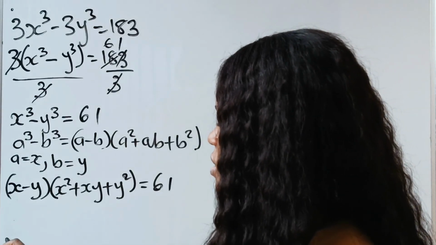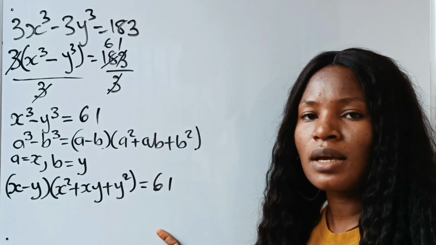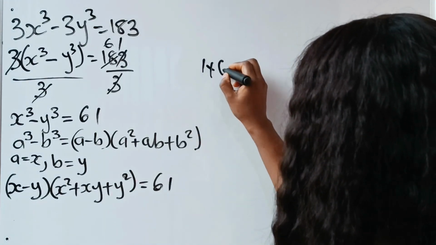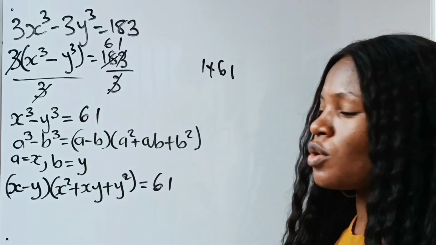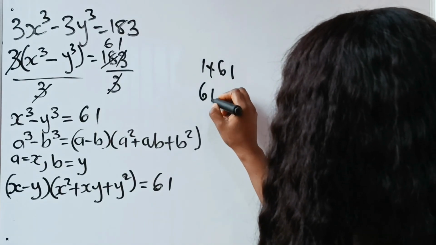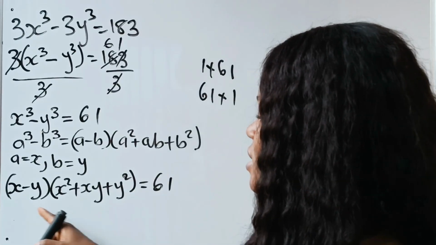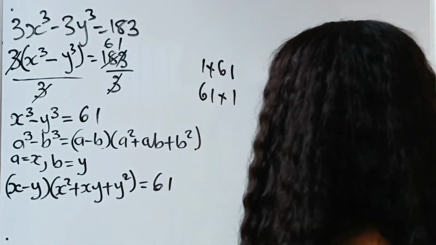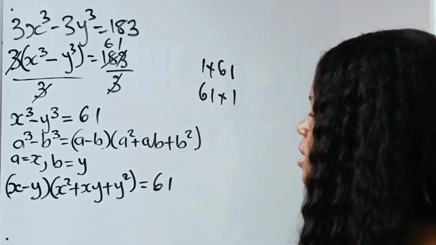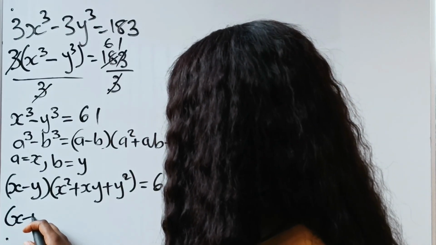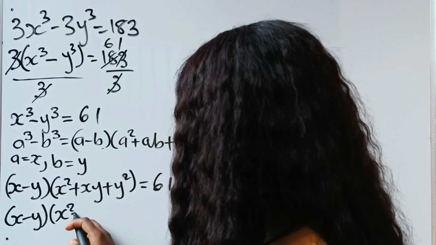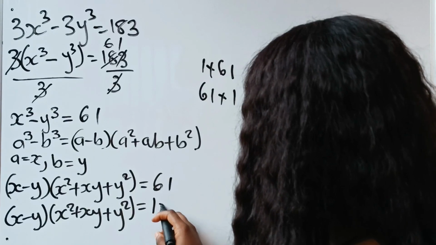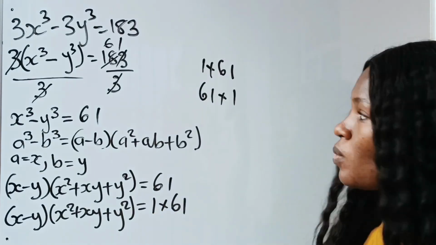Now I want us to note 61 can be expressed as 1 times 61, and 61 can also be expressed as 61 times 1. So if we let our 61 be equal to 1 times 61, it simply means that we can express this as x minus y bracket x squared plus xy plus y squared is equal to 1 multiplied by 61.